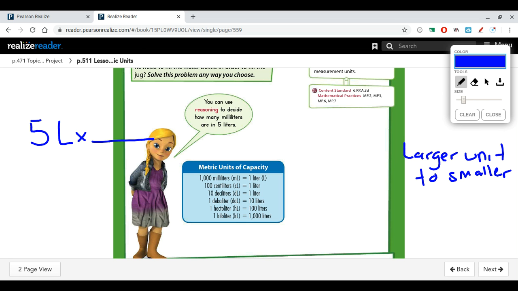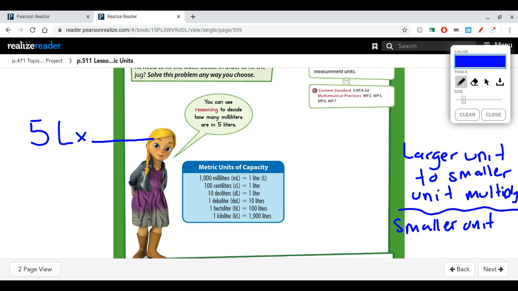So you have that larger unit to smaller unit, you multiply. And if I go from a smaller unit to a larger unit, divide.